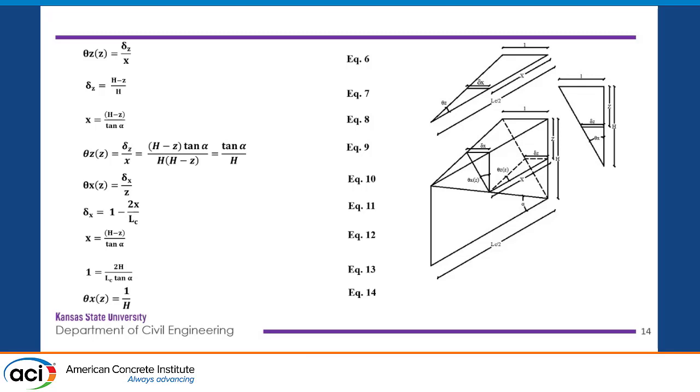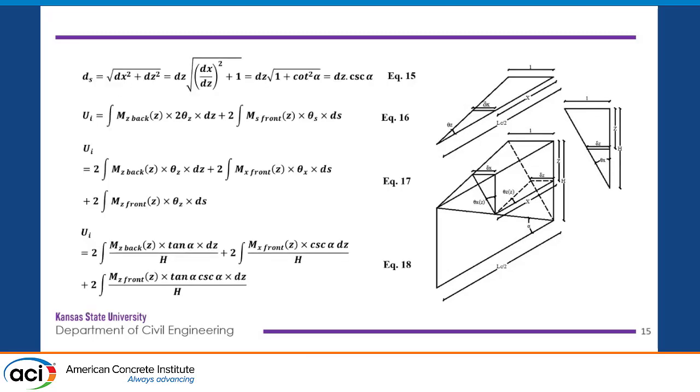And we can see here how we derive these from trigonometric relationships, and the formulation of all these quantities is shown. Then the internal energy is given by equation 18, the final internal energy.